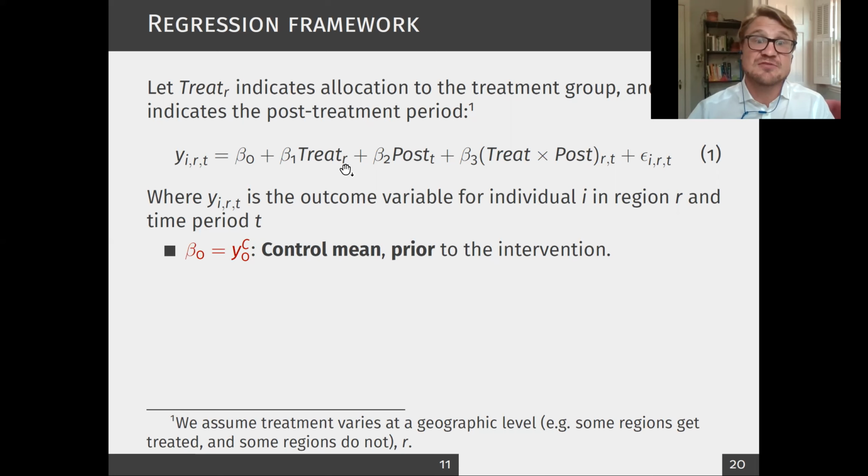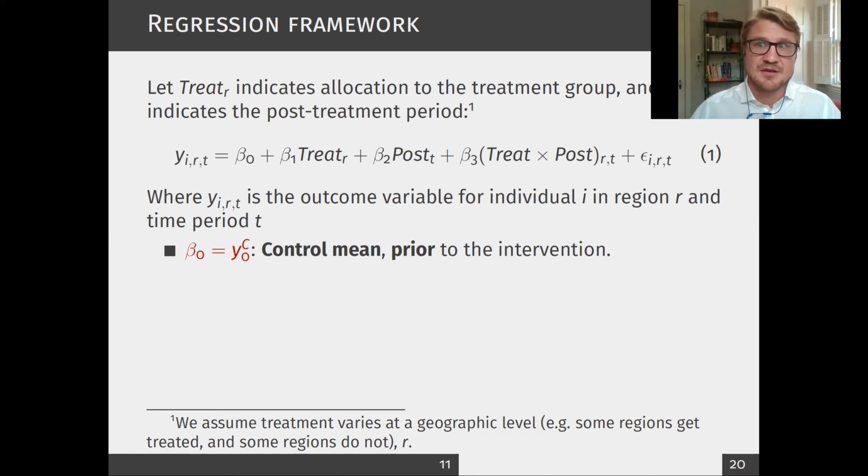This is why we give treat the subscript r, indicating the region where the treatment took place. In our case of giving bicycles to girls or boys, this r just referred to the gender. But if we look at some areas being exposed to treatment and others not, this r refers to the region where the treatment took place.